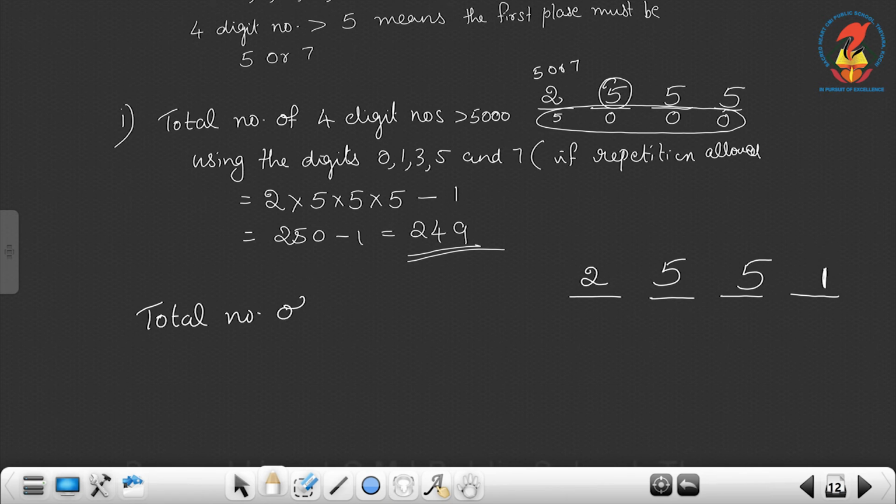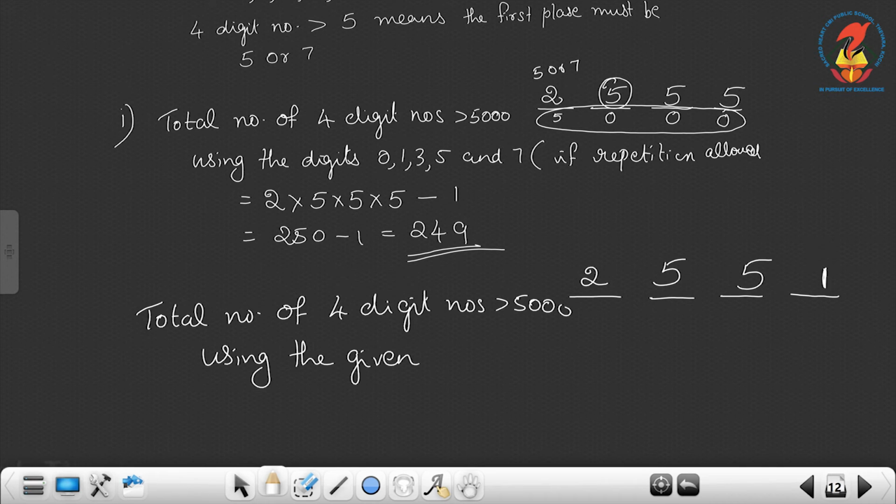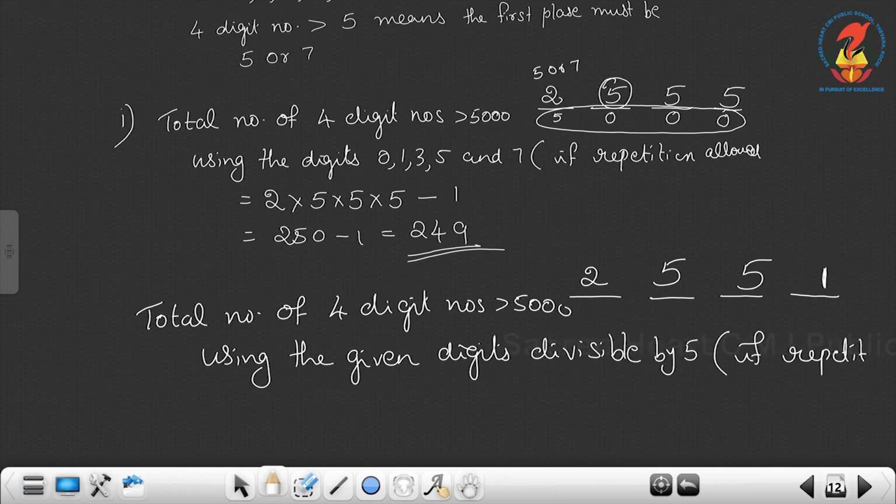Therefore, the total number of 4-digit numbers greater than 5000 using the given digits divisible by 5 if repetition is allowed is equal to 2 into 5 into 5 into 1. 5 fives are 25, 25 into 2 is 50.